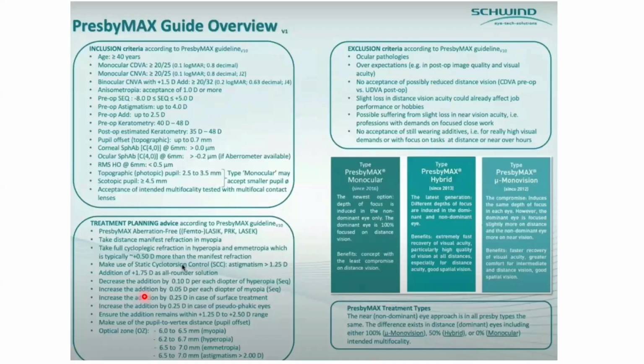So these are a few inclusion and exclusion criteria which have been decided by the Presbymax guidelines by Schwind, in which important points to note are: age more than 40 years, anisometropia acceptance of more than one diopter, spherical equivalent and astigmatism range of treatment somewhere around -8 to +5 diopters, astigmatism of 4 diopters, preoperative add of 2.5 diopters.